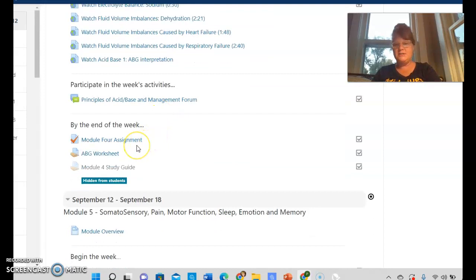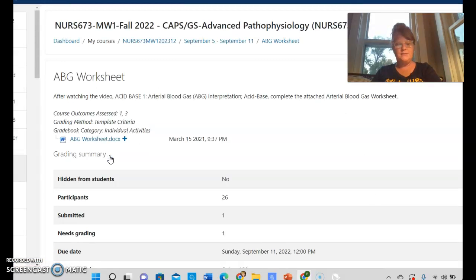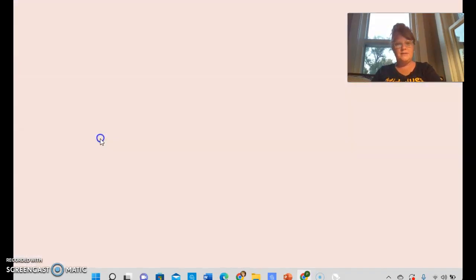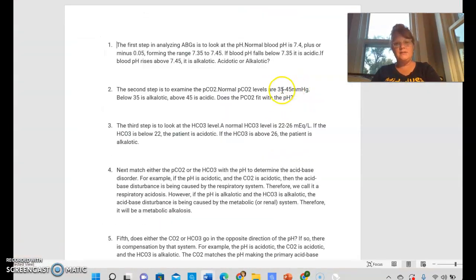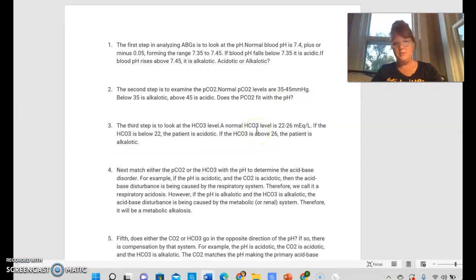There's an assignment just like the previous weeks, and then there's an ABG worksheet. So let's look at that as well. Let's open that up. So this references back to that video that we discussed a few minutes ago, the same one that you used as the basis for your forum post. The person who does the video is very casual, but he goes through and explains the interpretation of ABGs, and these are the steps that he goes through.